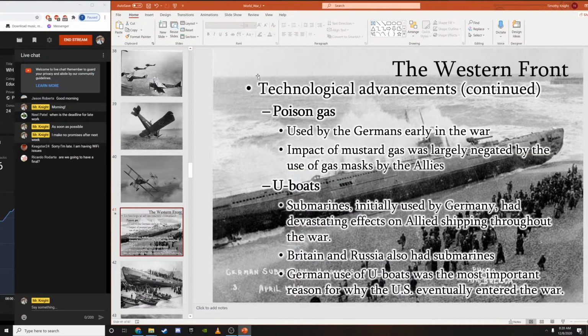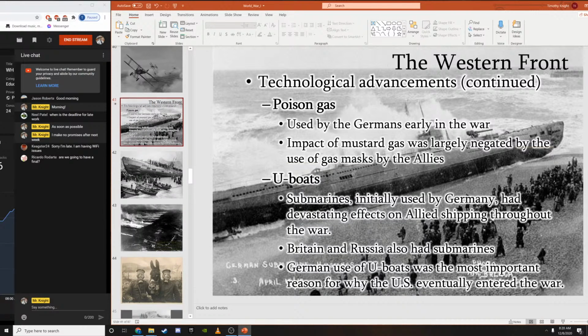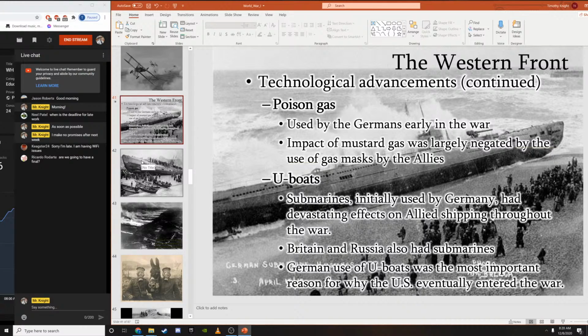For a while, the Germans are told not to use unrestricted U-boat warfare anymore, and they agree not to, but eventually they resume using it, and afterwards the Americans get into the conflict because they had told them not to use U-boats anymore.